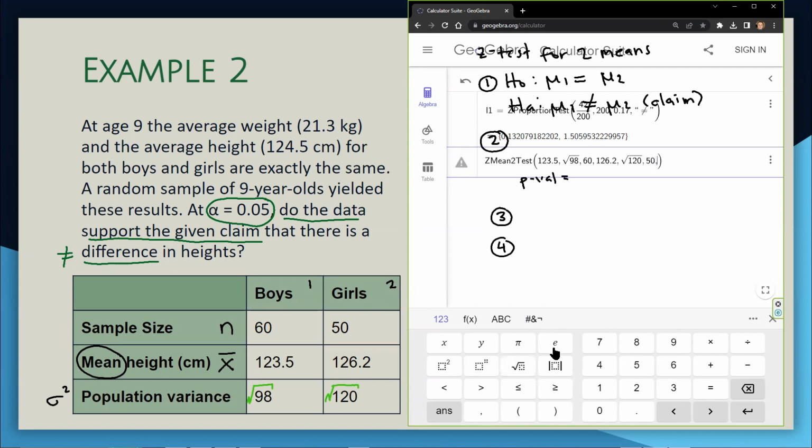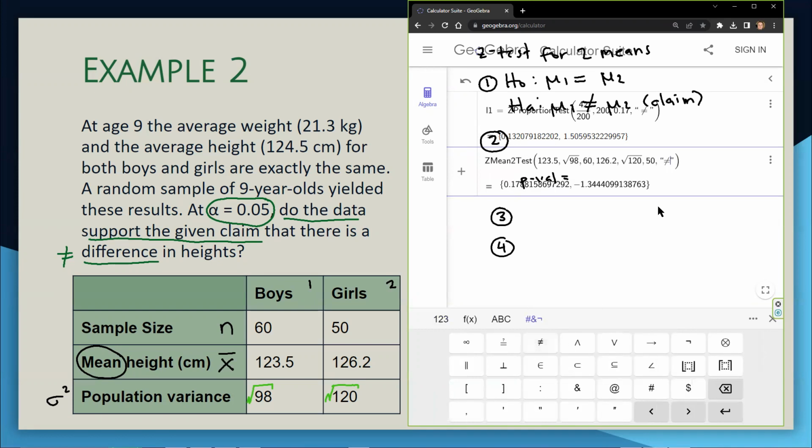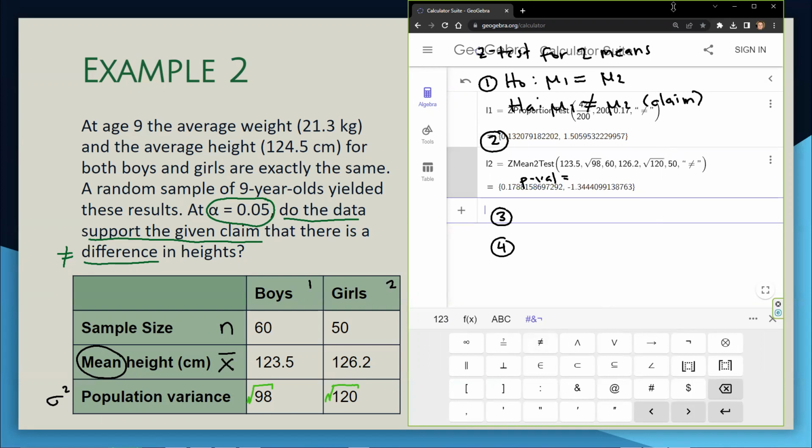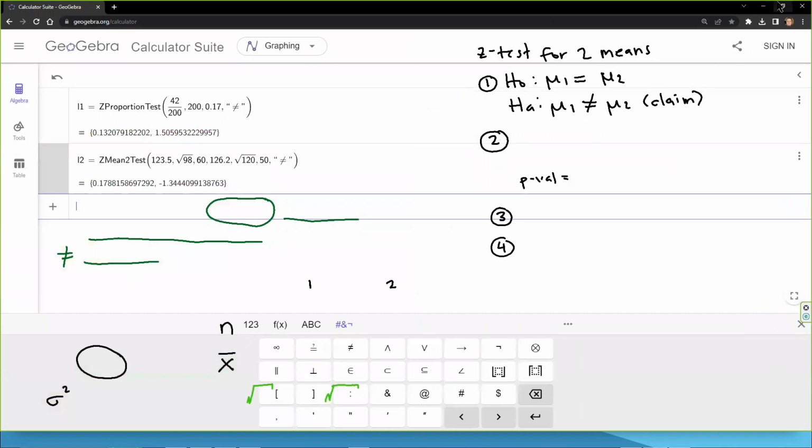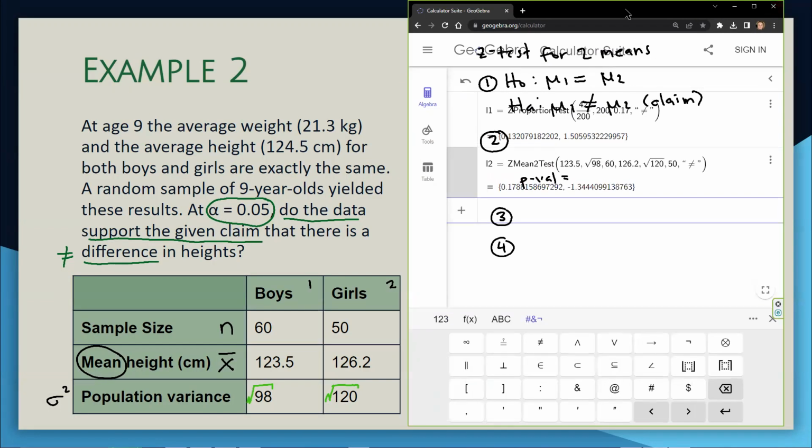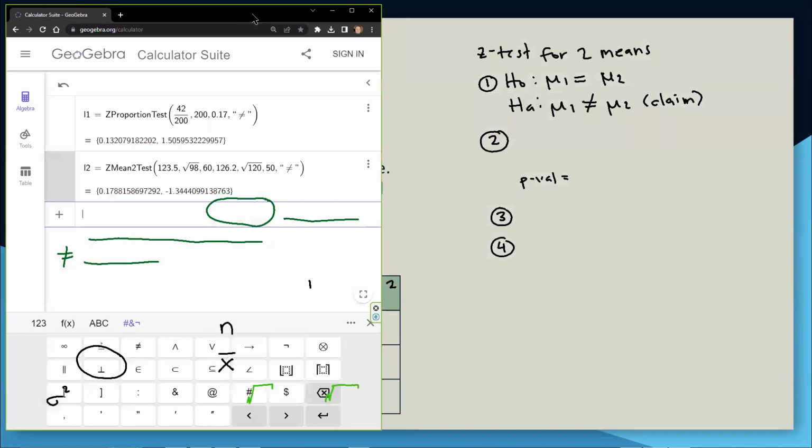And then we feed it our tail, which is a not equal to. So that is over here. We press enter. Scoot this back over here. We can see that this gives us the p-value first. Sorry, technical difficulties. So our p-value is 0.1788, which is a pretty big p-value.